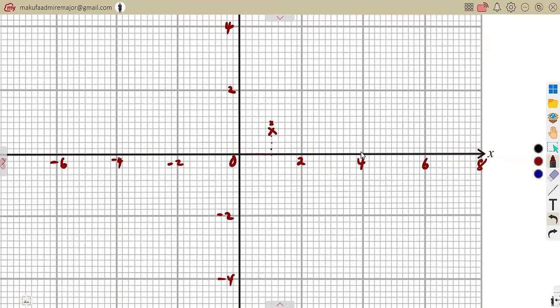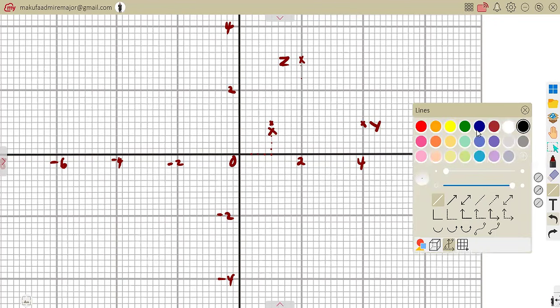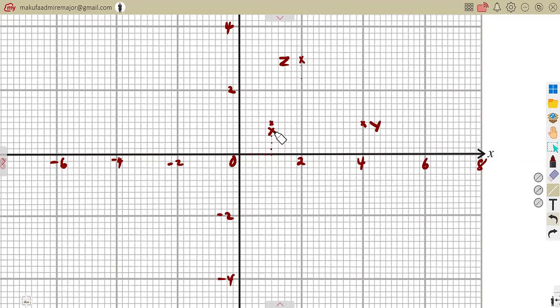Then Y is (4, 1). That will be somewhere there. That is the position of Y. Then Z was (2, 3). So it's going to be 1, 2, 3, 4, 5, somewhere there. We have got our Z. Then join these points that you are given.